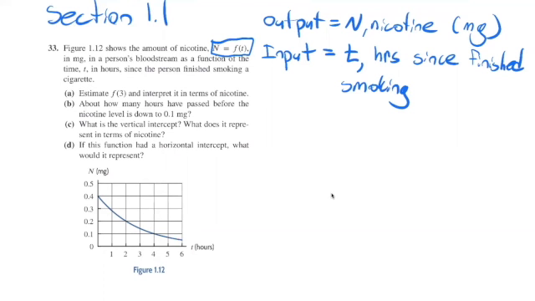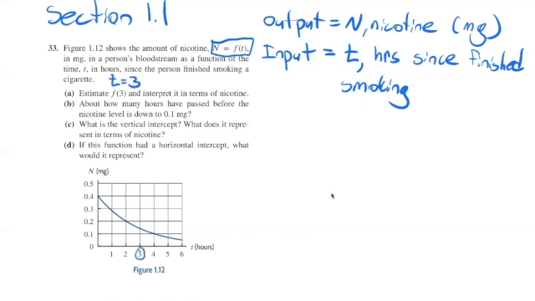These questions are asking us to comment on more specific features of this graph. If we want to estimate f of 3, again, being mindful of what inputs and outputs are is really important. The 3 here is inside of the function, so it's the input.